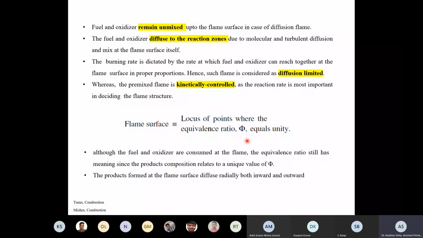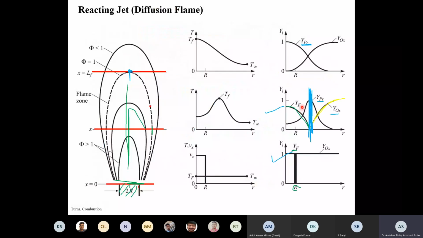So the book says it is strictly speaking not correct, but it still has some meaning because that is how we relate to the flame surface. We say they are present in proper proportion, which means phi is equal to 1. And as we discussed in the last plot, products formed at the flame surface diffuse readily both outside and inside.